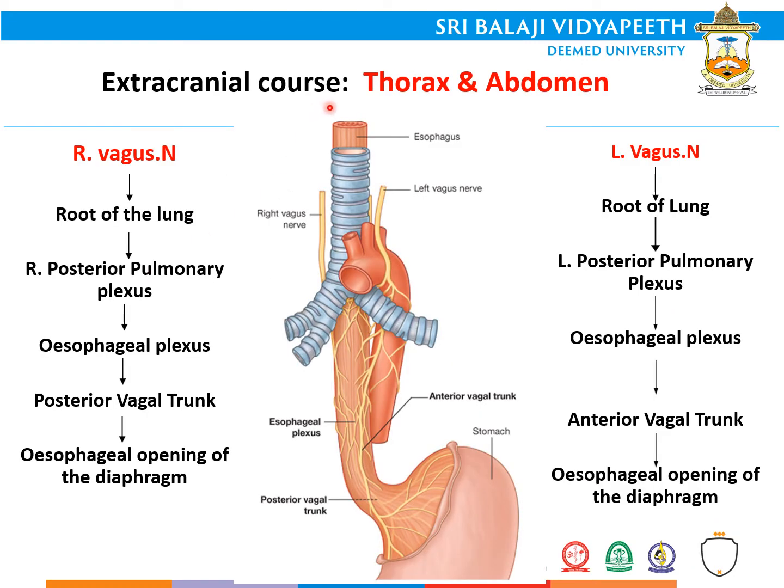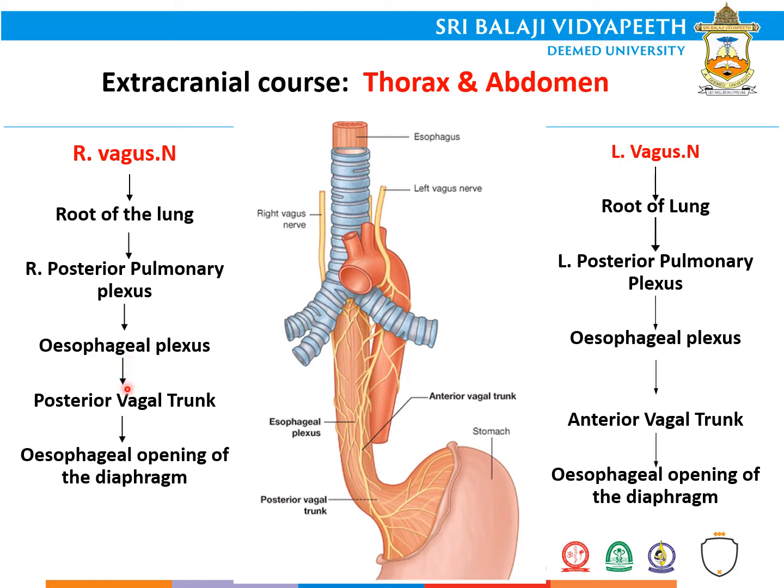The extracranial course of the vagus nerve in the thorax and the abdomen. The right vagus nerve descends behind the root of the right lung, and then it forms a right posterior pulmonary plexus. Now it then descends on the posterior surface of the esophagus and forms an esophageal plexus.